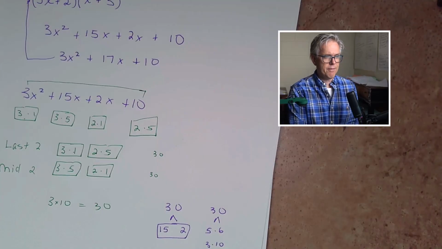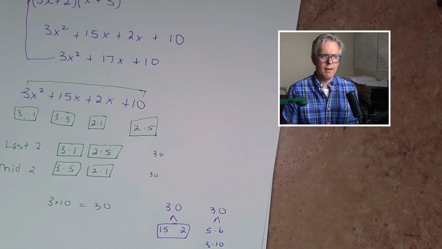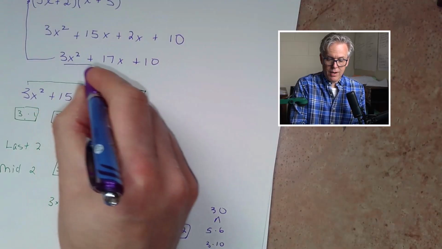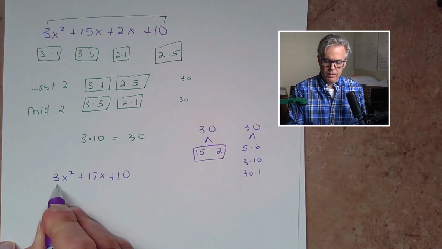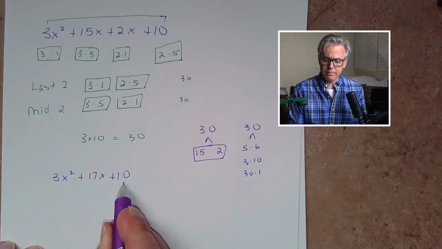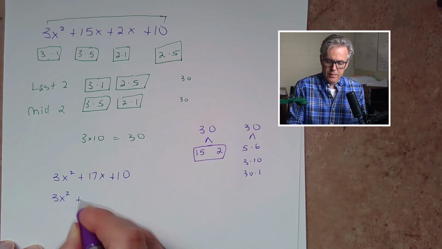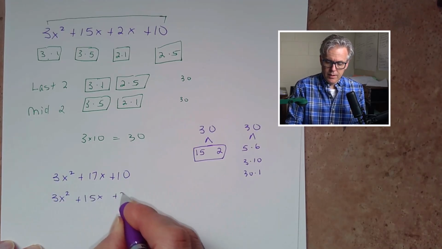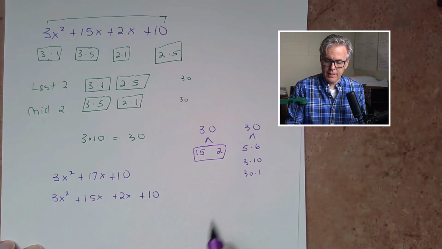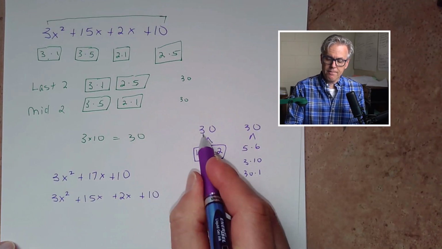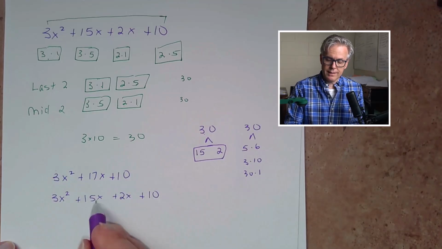So I'm going to use that fact to split this up. If I were given 3x squared plus 17x plus 10 to begin with, I know I can split that up as 3x squared plus 15x plus 2x plus 10. I'm just finding factors of this 30, the 3 times the 10, that sum to that middle term.